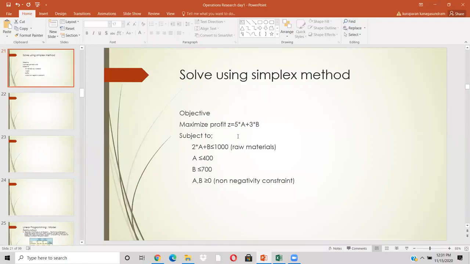The problem is that these are inequalities. So before going to the simplex method, we have to make these equal constraints. How to make this equal? 2A plus B less than 1000. Do we need to add or subtract a variable?